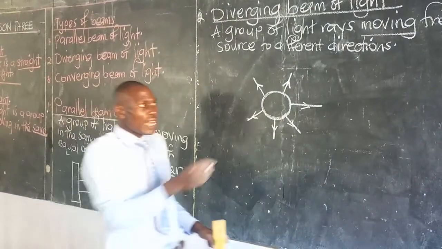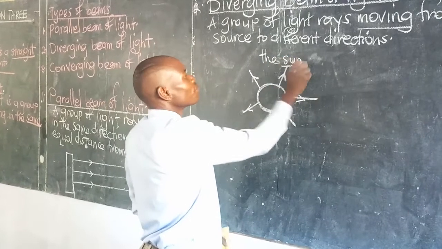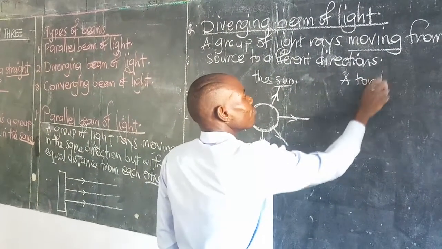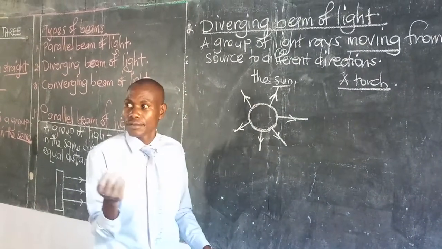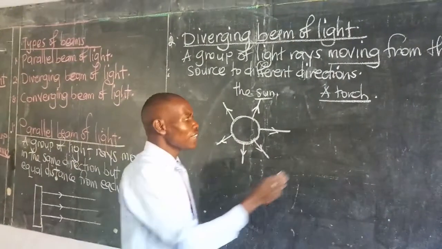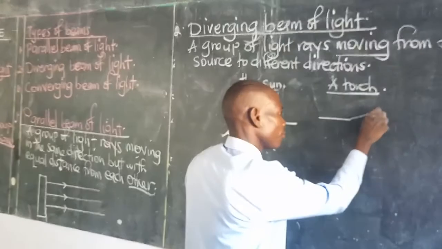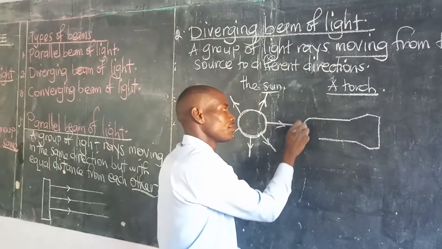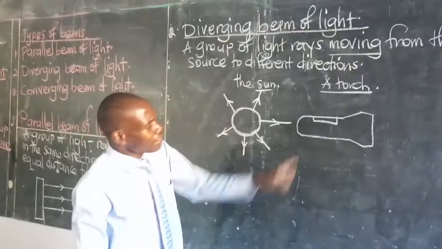I can also draw here, this is the sun. I can also have here a torch. When your torch is producing light, let's take this, that is our torch.